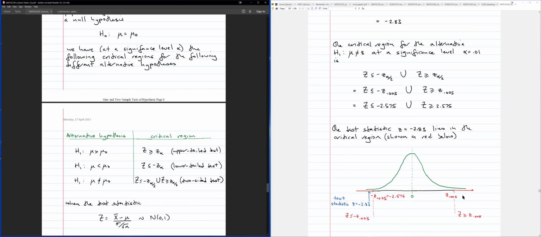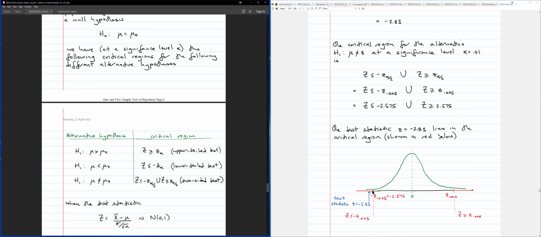Okay, so that is your critical region, or also known as the rejection region, and we worked out that the Z 0.005 from the table was 2.575, right? Okay, so we have this over here is 2.575, and this over here is the minus Z critical value, so I have minus 2.575, right?